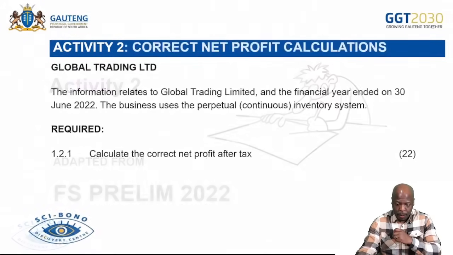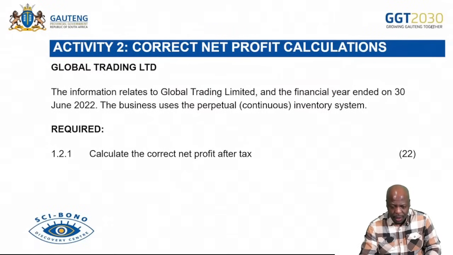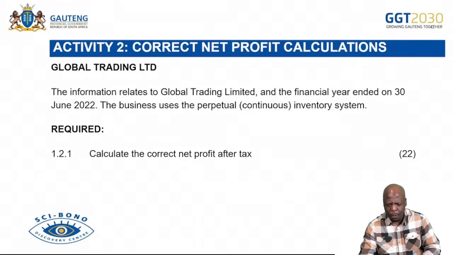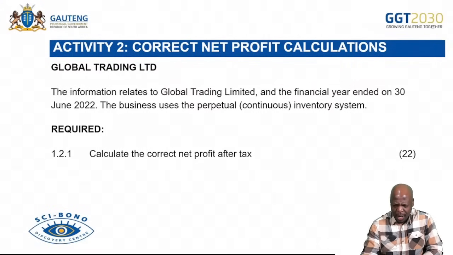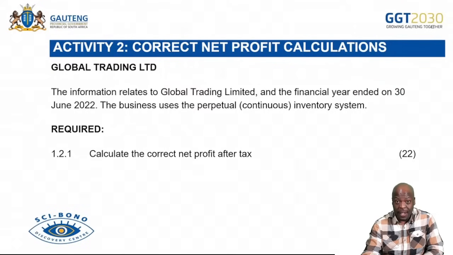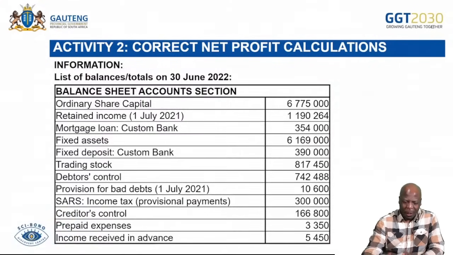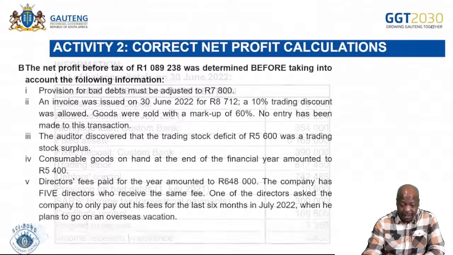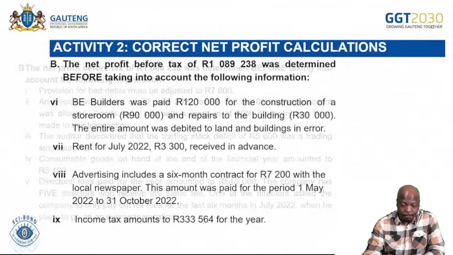Okay, so here it is. It says, use the information which relates to Global Trading Limited and the financial year ended on 30 June 2022. The business uses the perpetual or continuous inventory system. Calculate the correct net profit after tax. You ready? Let's go. Here's the information that was given. Here's more information.